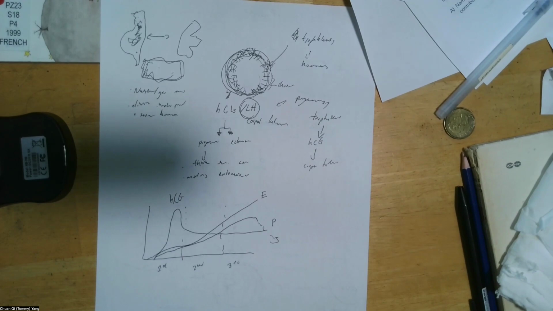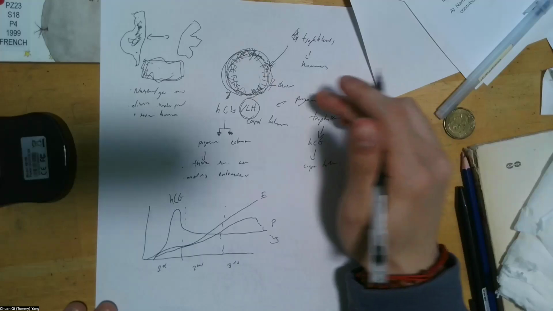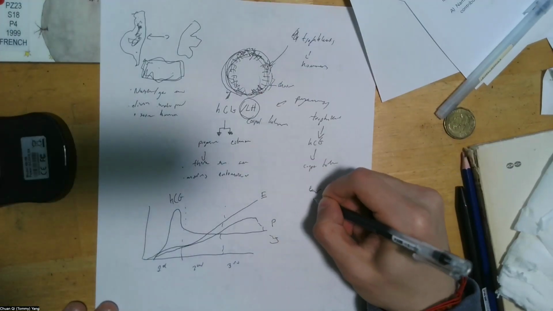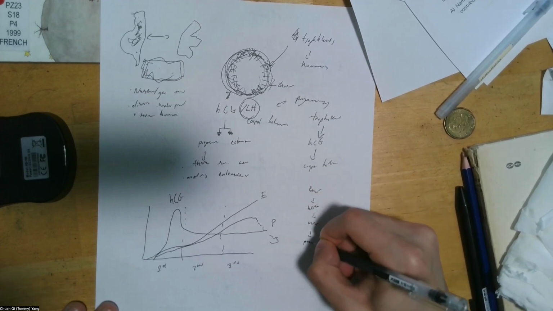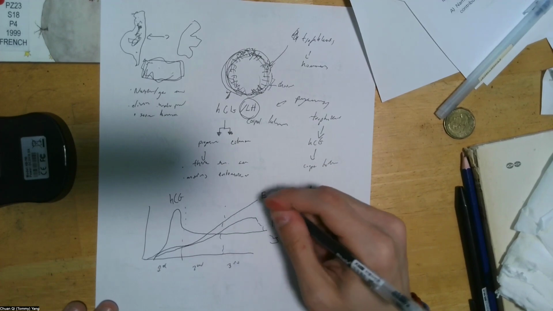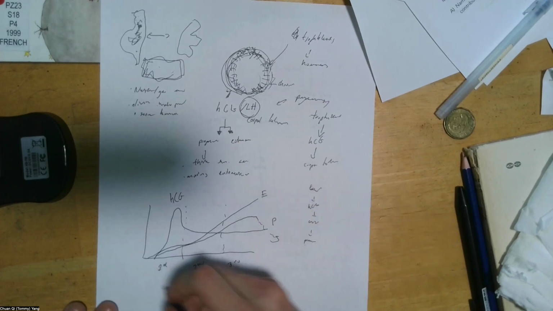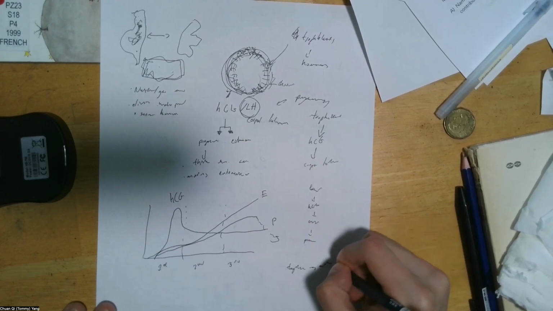So during the first 2 months, the corpus luteum degenerates, but the trophoblast secretes progesterone. Remember, the trophoblast secretes HCG, which acts on the corpus luteum, progesterone, and this maintains the corpus luteum and the endometrium, and then the trophoblast also secretes estrogens.